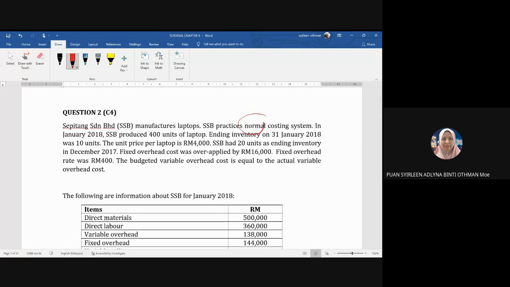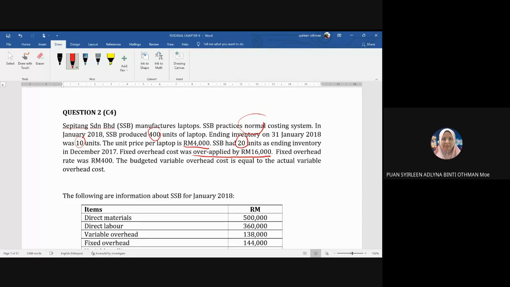Okay, that is 1. So in January 2018, dia produce 400 units. Okay, ending inventory on 31st January is 10 units. The unit price for laptop is 4,000. Okay, SSD ada 20 unit untuk ending inventory. Okay, fixed overhead cost was over applied by 16,000.